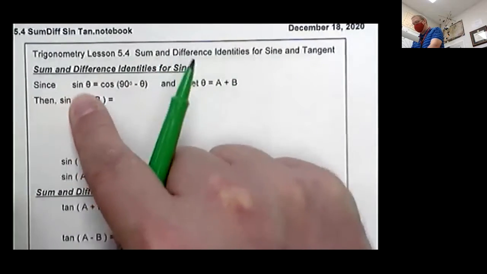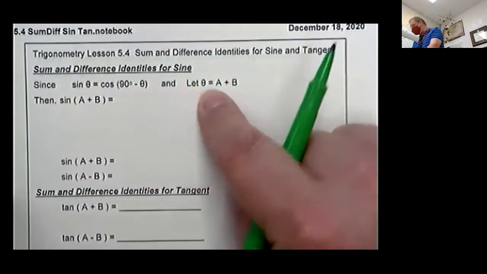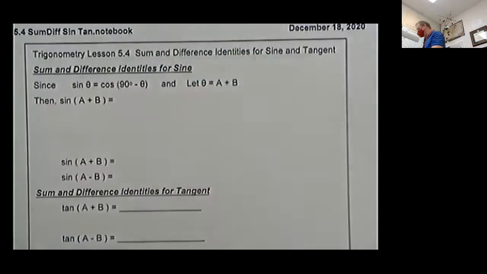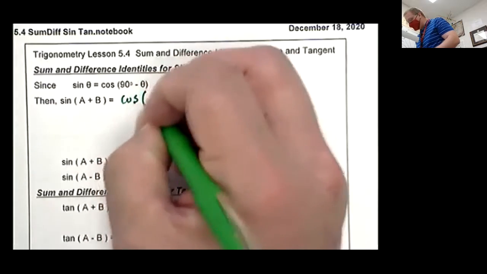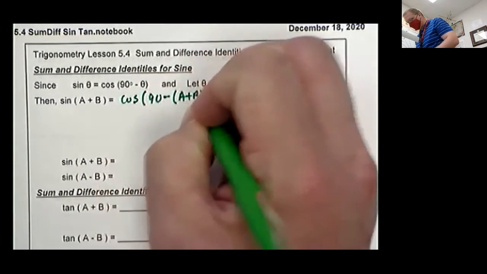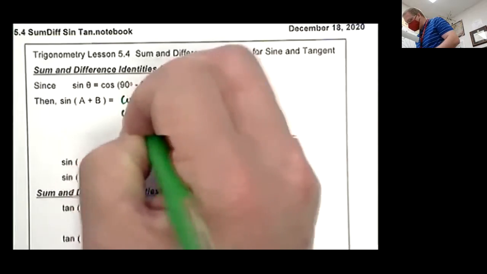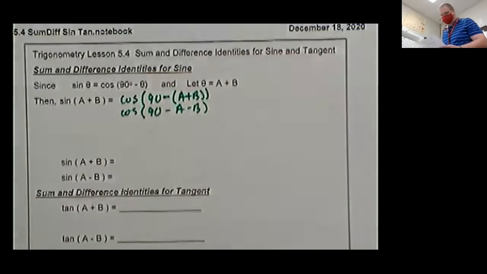Since sine of theta is equal to cosine of 90 minus theta, we're going to let theta equal a plus b. Therefore, sine of a plus b has to equal its cofunction, cosine of 90 minus quantity a plus b, which is cosine of 90 minus a minus b.